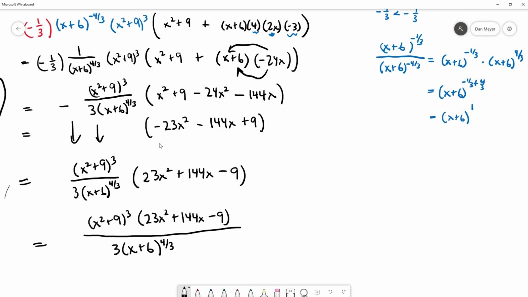And now I'm a little bit worried as to whether or not this 23x squared plus 144x minus 9 factors and cancels. So, all right, let's just do this. Our AC is 23 times negative 9.